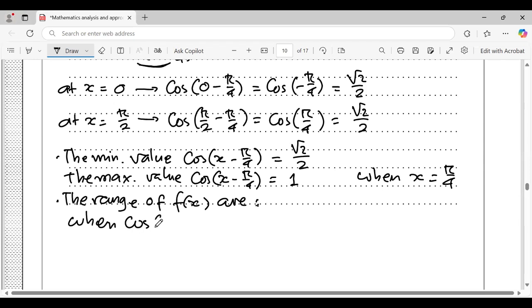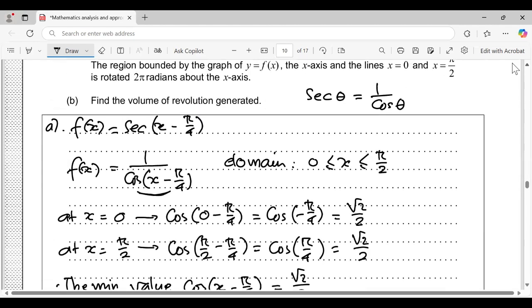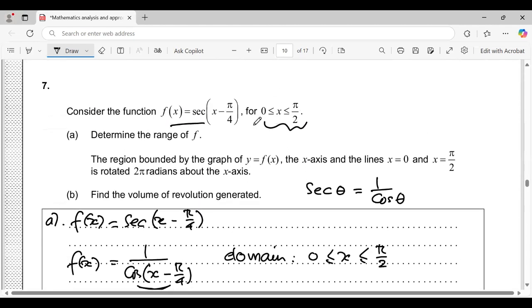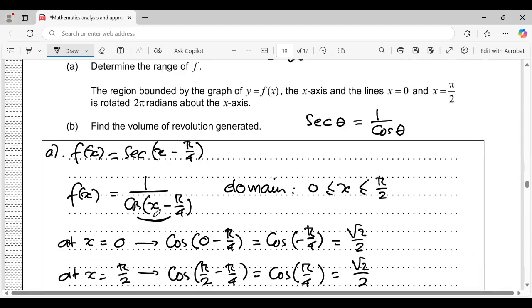When cosine of x minus pi quarter equals 1, we get f(x) equals 1 divided by 1. Look at the function, 1 over cosine, this is 1 over 1.